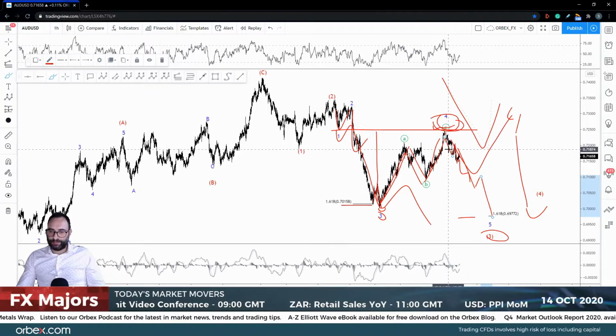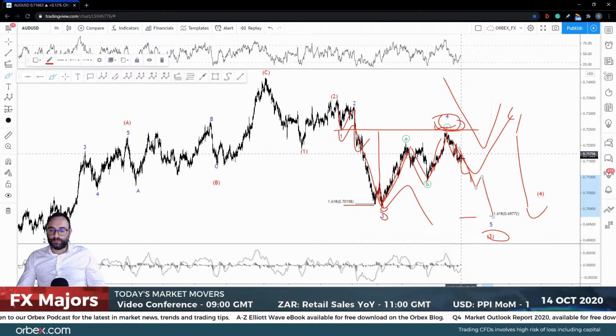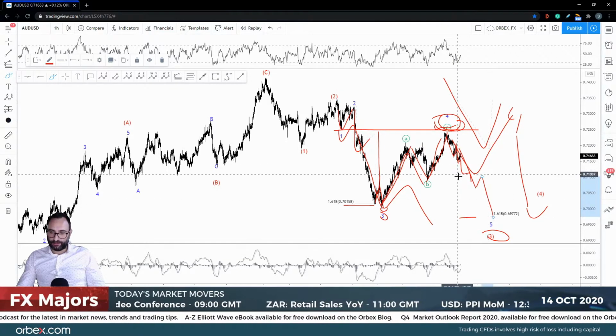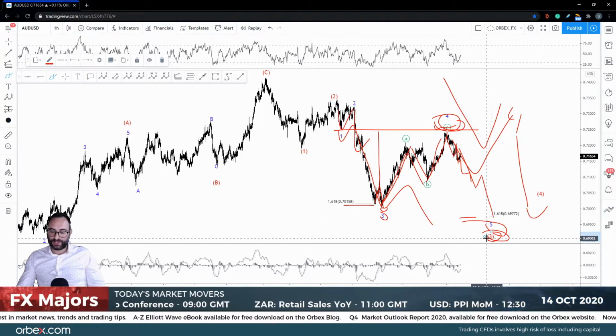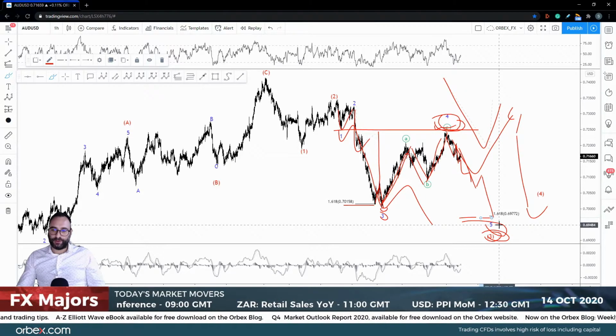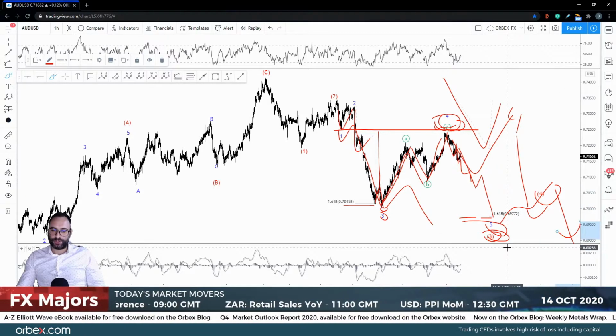It does look a bit corrective, but I see this as a leading diagonal in wave 1 with a multi-structure impulse to the downside in wave 3, right? Minute wave 3. And we're going to head down for minor wave 5, which is in the middle wave 3, around 0.6972, which is probably going to offer us some corrective opportunities for wave 4 and then continuation further down.